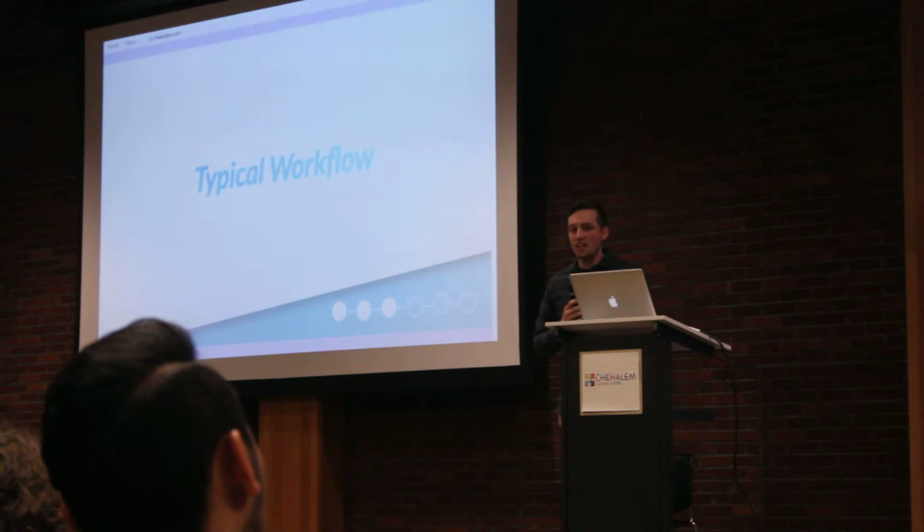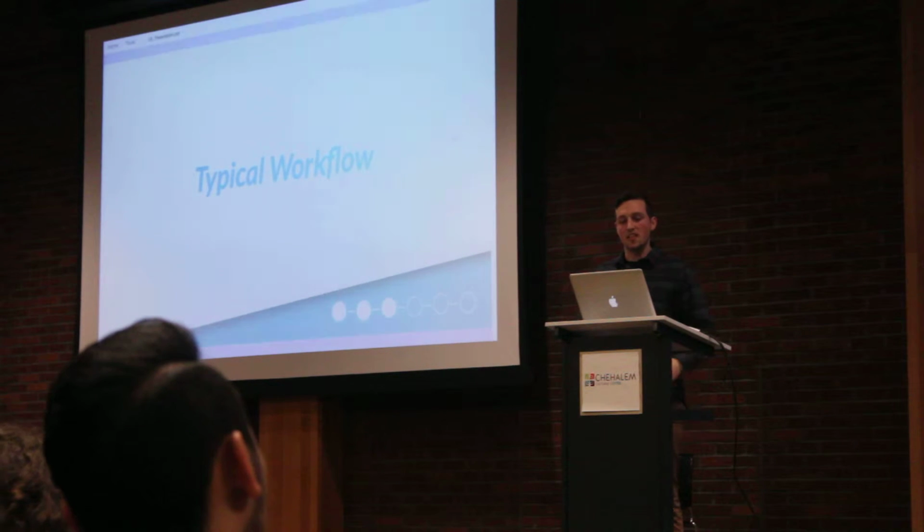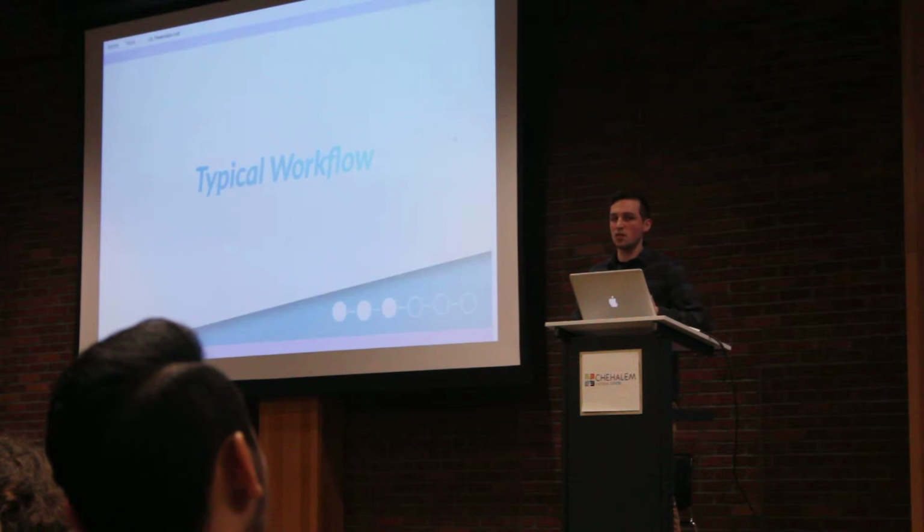So we talk to the client, then we start wireframing and putting together these ideas to figure out, okay, we're going to start here, and we're going to go here, and we're going to go here, and that's, again, the user experience side of things. But then we put together a design based on their feedback, what they like, what they don't like, and we pitch that to the client, and then the client comes back to us and says, you know what, we really like that, we really hate that.